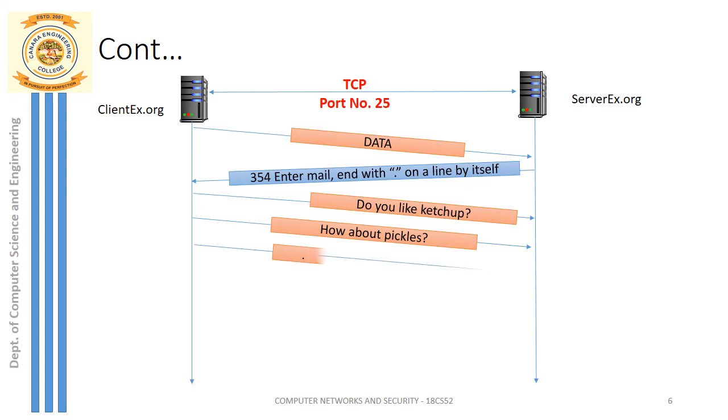Once the data is finished, the sender will end the content with a dot, which indicates to the server that it is the end of the actual data sent from sender to receiver. The server will acknowledge after delivering the message to the receiver, with 250 message accepted for delivery.